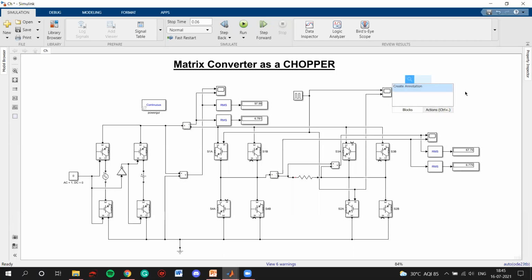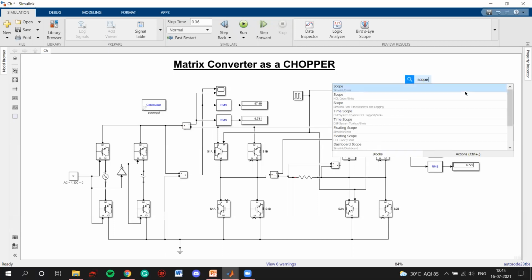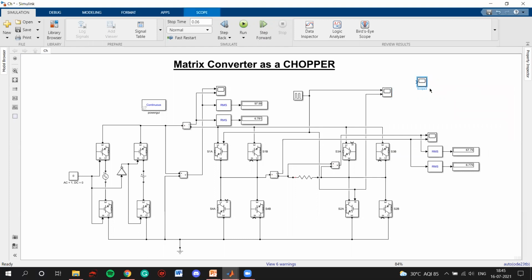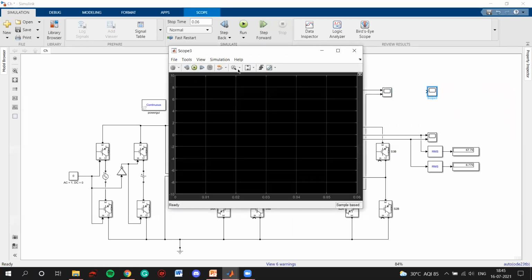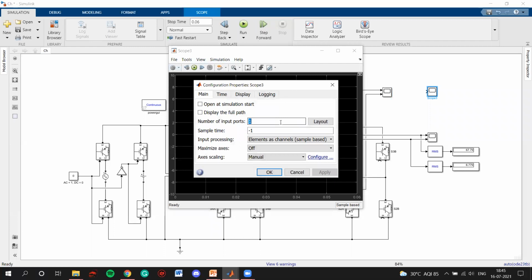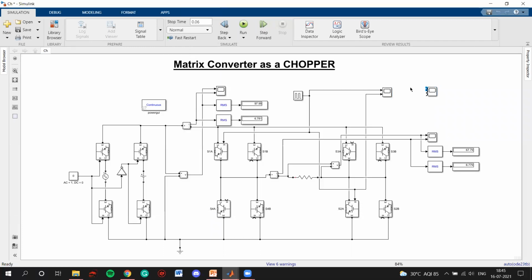Right. Let's take one more scope to see how, according to the switching, input will be chopped and it will convert it to the output. Right. So the first one would be the input voltage, this one. Second one would be the gate pulses, this one. The third one would be the output voltage, right? Okay, now it is good.